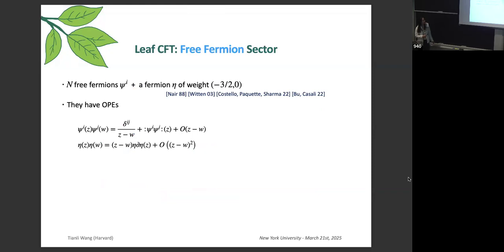We have n free fermions psi^i, where i runs from 1 to n, and n is identified with the n of the ISO(n) Yang-Mills theory we're working with, plus a fermion eta of weight -3/2, which you can think of as a field from a BC system. These have the following OPEs: psi psi is delta_ij over z minus w, and the eta OPE is finite. I just wrote the first term in the Taylor expansion.